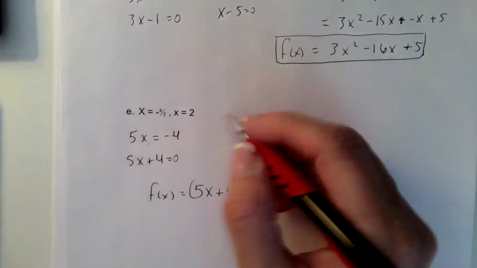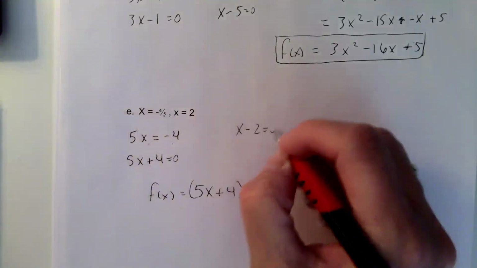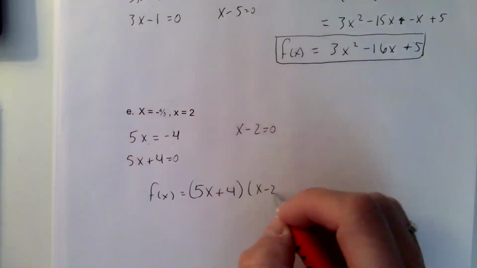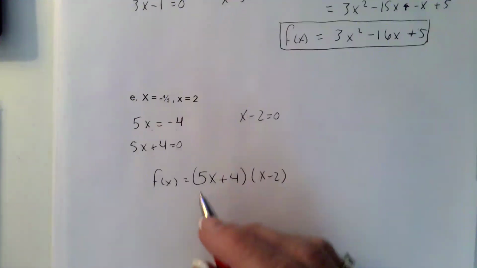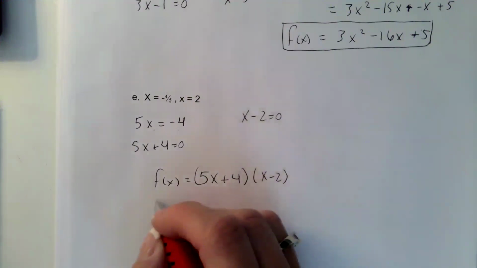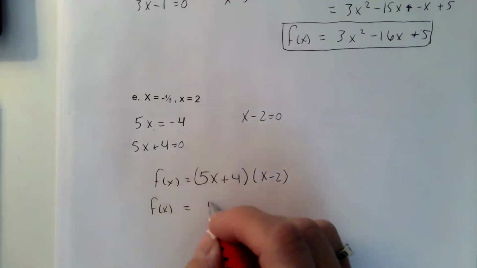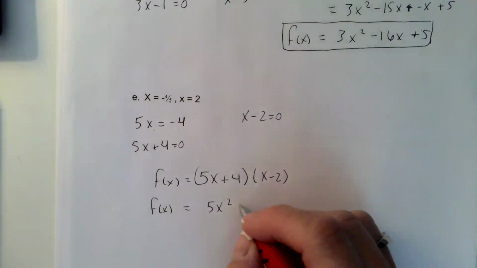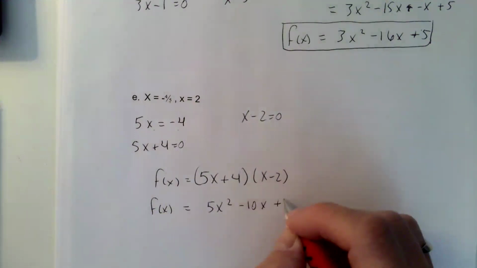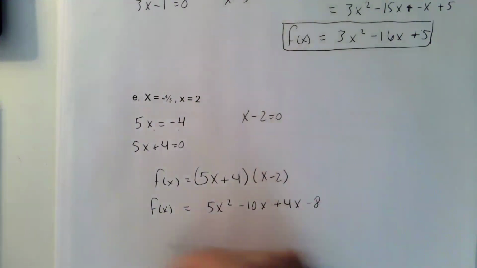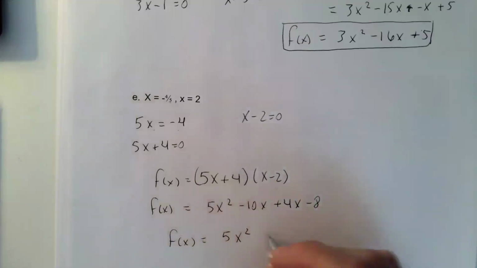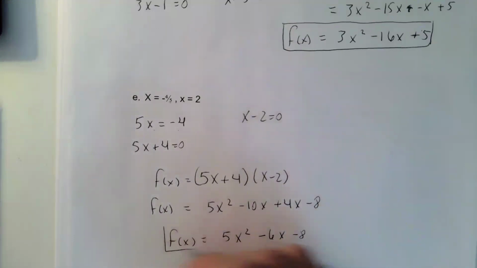And then we have x equals 2, so x minus 2 equals 0. So x minus 2 is one of our factors. Now we can FOIL these to get 5x squared minus 10x plus 4x minus 8. So our possible quadratic is 5x squared minus 6x minus 8.